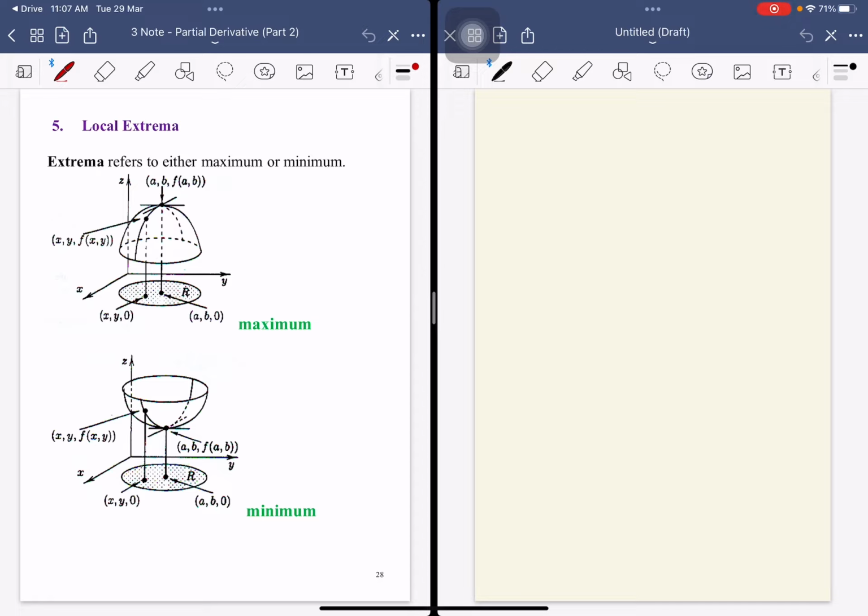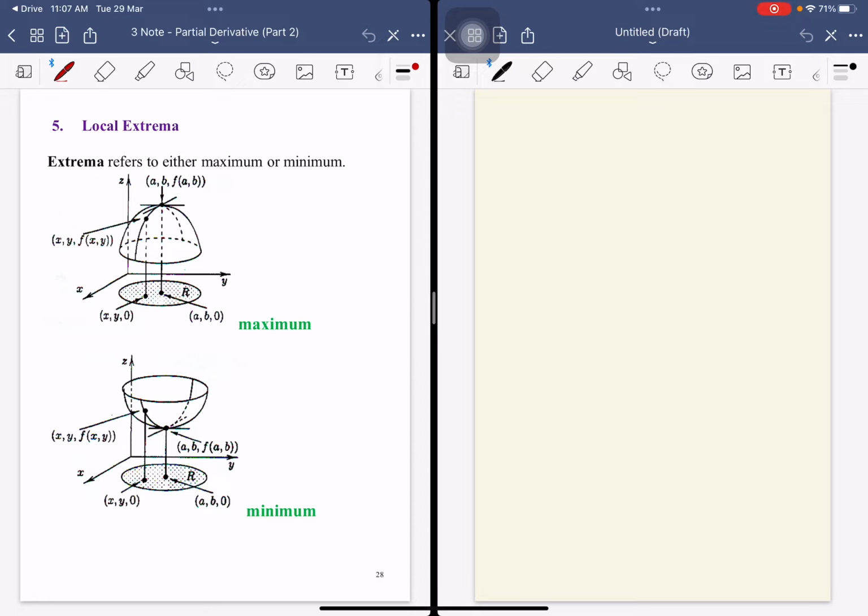This is based on the graph sketching of any given surface. It can be either a maximum or minimum point, based on the surface as well as the point that we figure out. Another type of point that can be considered is what we call a saddle point.